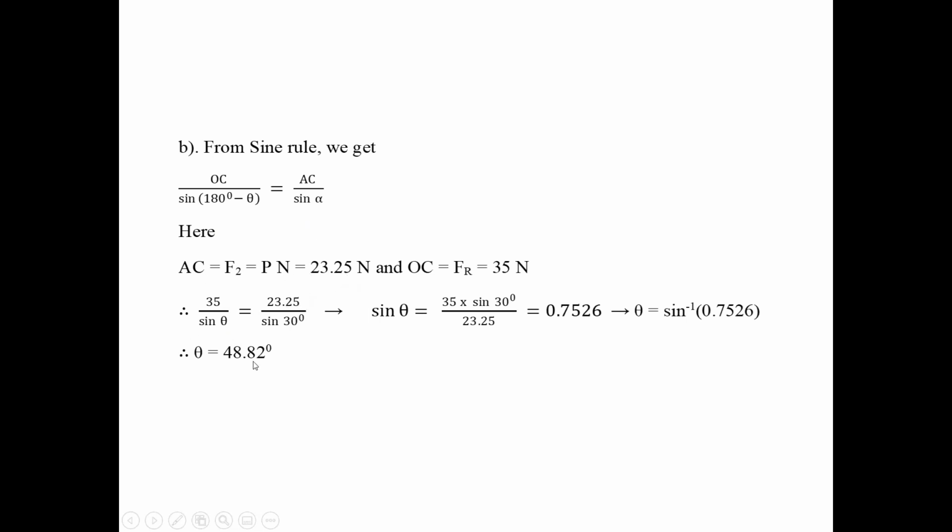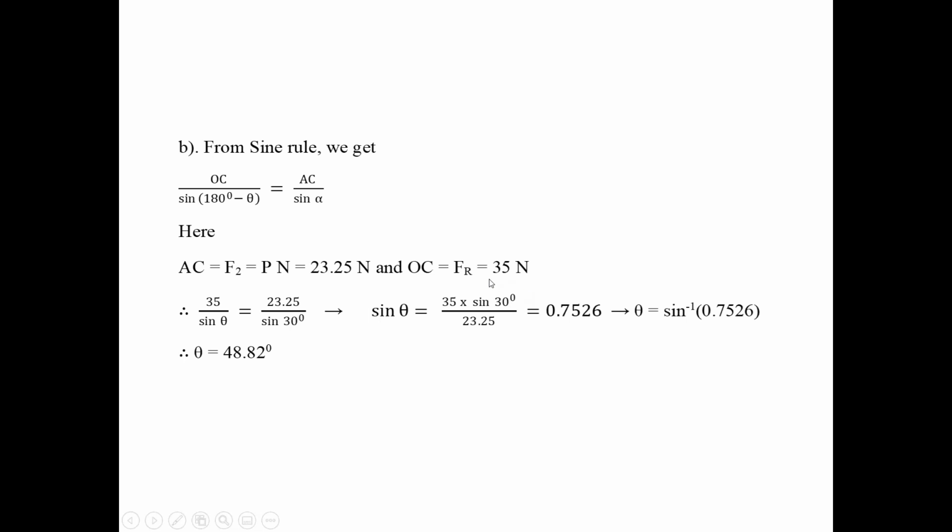Simplify this equation. From this equation, sine theta is equal to 35 into sine 30 by 23.25. So sine theta is equal to 0.7526.